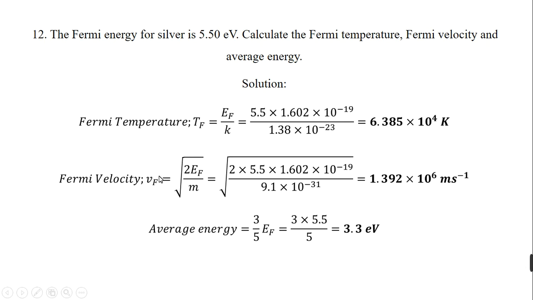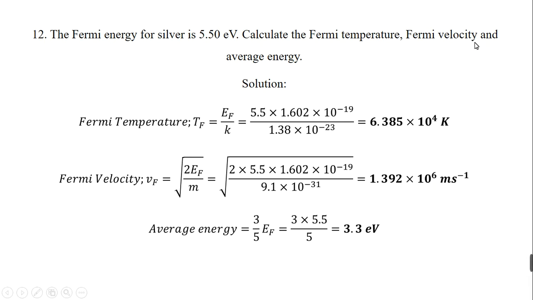Therefore, if you do cross multiplication and remove the square, V is equal to under root 2 EF by m. Substitute the value again: 2 into EF, converted into joules, divided by m, the mass of the electron. You will get 1.392 into 10 raised to 6. So this is the Fermi velocity, and the unit will be meter per second.